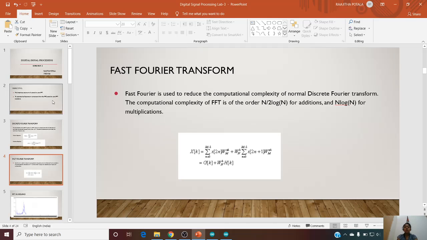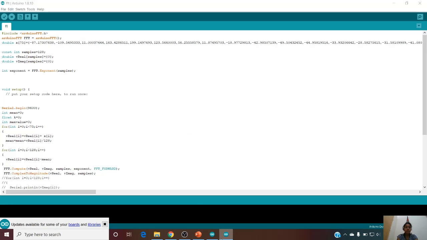Now let us see how we will write the code. First, we have a library called arduinoFFT, which we have to load into our system.